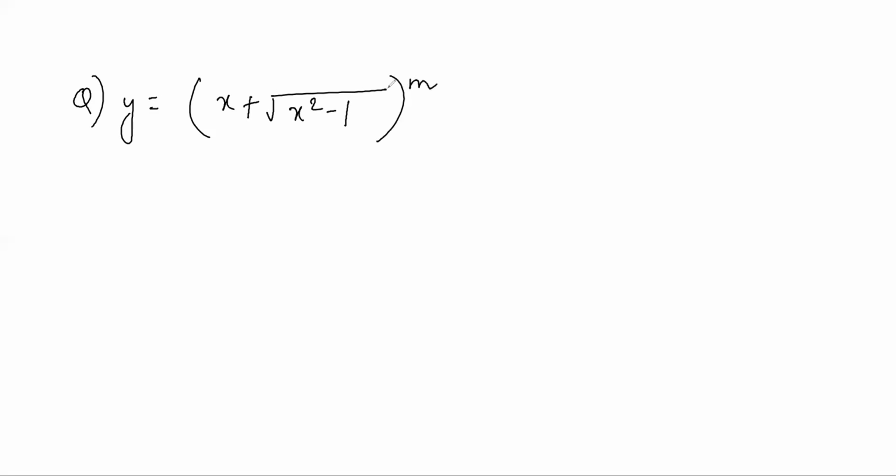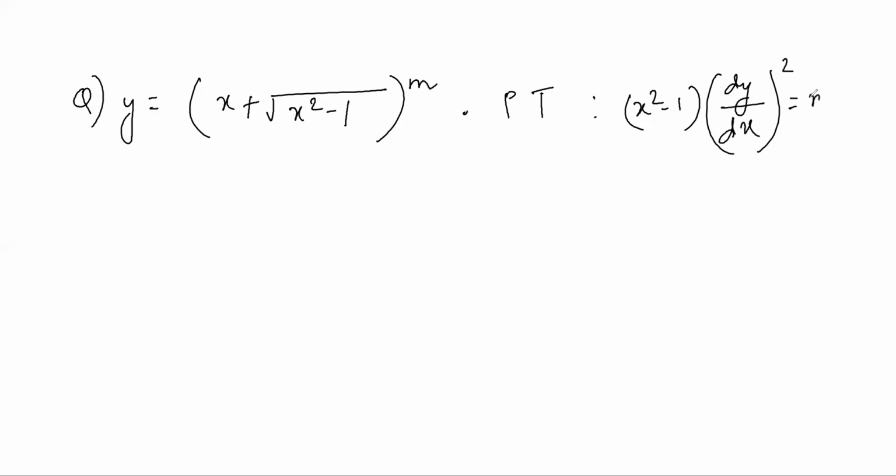Let me show you that question: if y is equal to x plus under root x square minus 1 whole to the power m, then they are asking to prove that x square minus 1 times the whole square of the derivative is equal to m square times y square. So this is the question, and let me show you how to solve this problem.